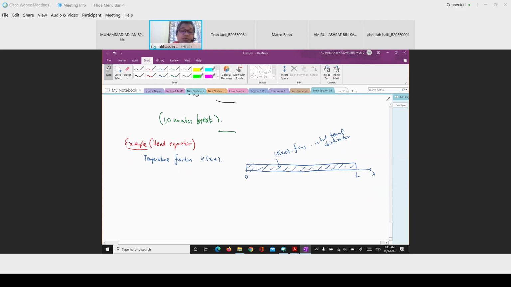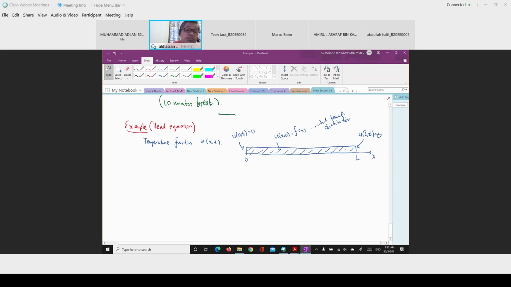And suppose we have boundary conditions as well. Suppose u(0,t) is equal to 0 degrees, and the boundary condition at the other end is also 0. It can be shown that u satisfies a partial differential equation, which can be written as u partial x x equal to 1 over k u partial t.